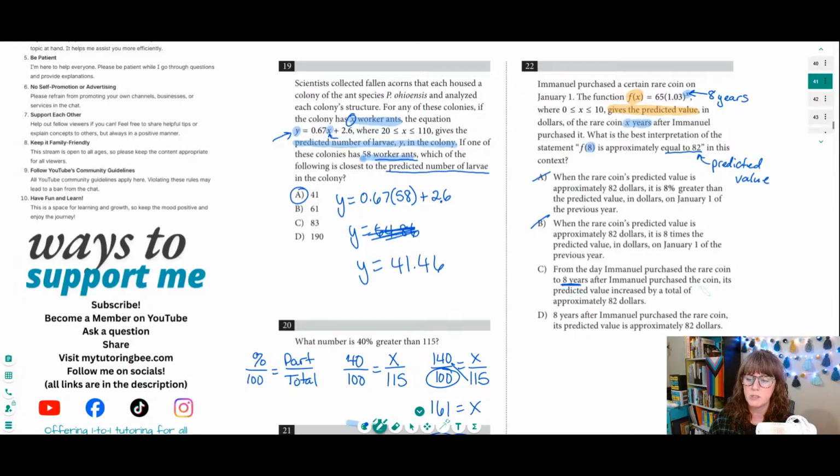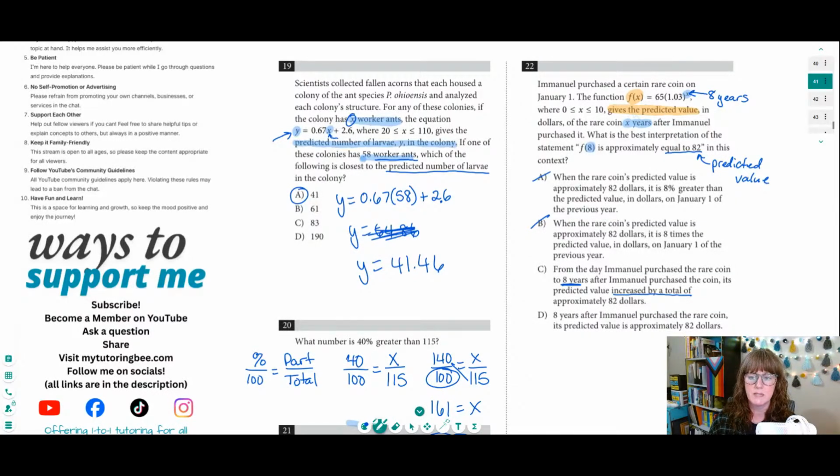After Emmanuel purchased the coin, its predicted value increased by a total of approximately 82. Close, close. This is saying it increased by a total. So whatever the coin's value was at the beginning, now we're adding $82. And that's not what they told us that this function represents.